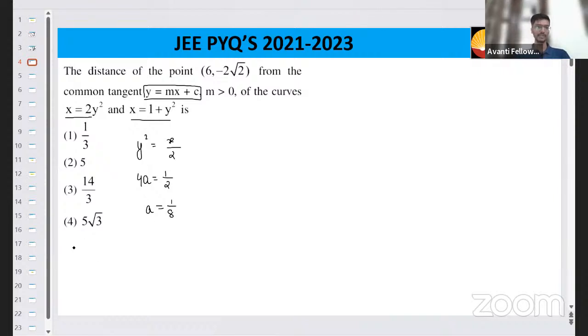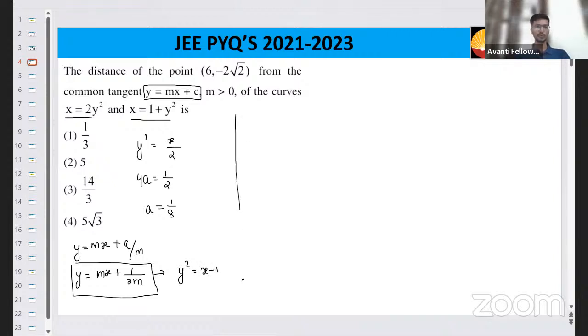We know the equation of tangent is y equals mx plus a by m. What is a? a is 1 by 8. So y equals mx plus 1 upon 8m. Now this is also a tangent to the parabola y square equals x minus 1.